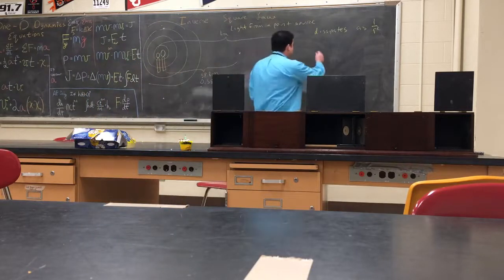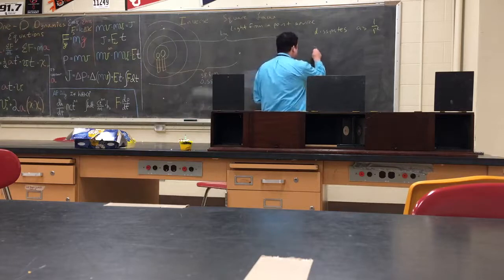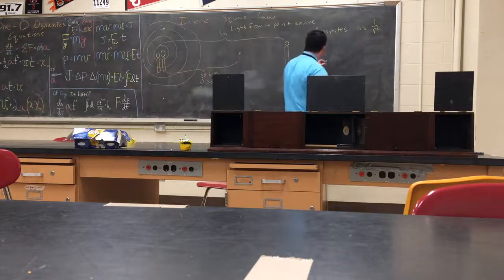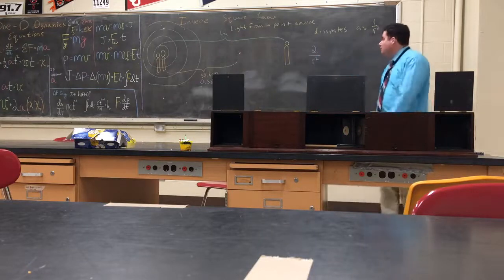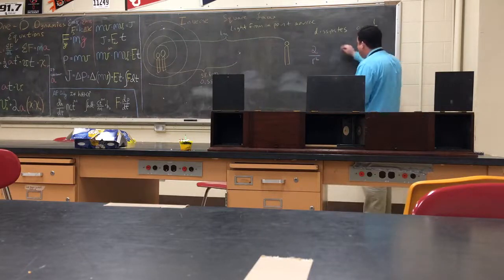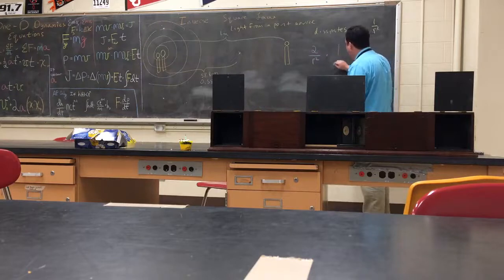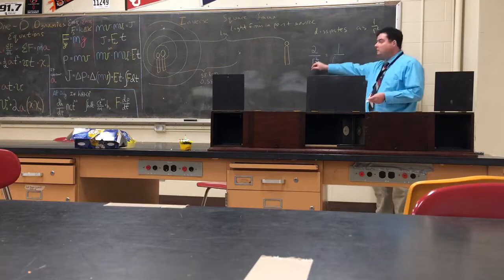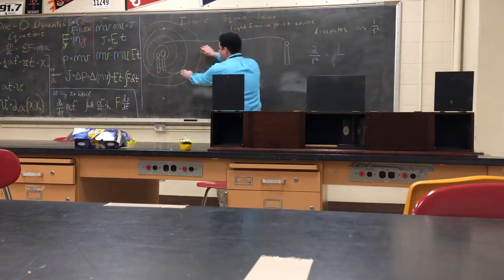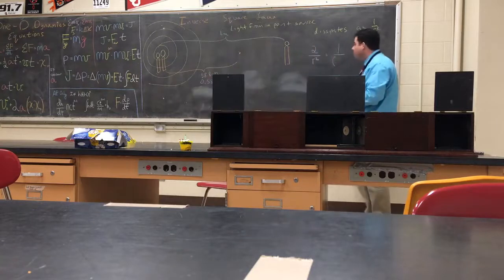So we're going to say our two candles. We want to find out what distance r from them, the brightness from one candle is the same. So we don't know what r is, but we're proposing this inverse square law because we expect it has spread out over a larger and larger area.